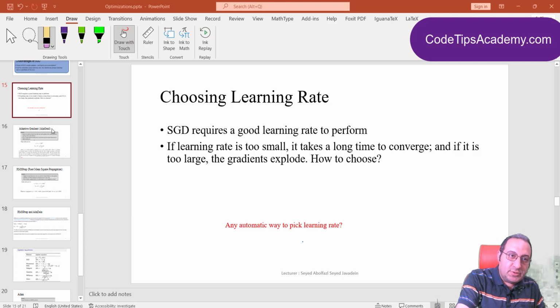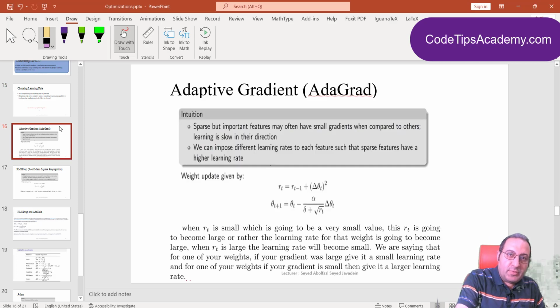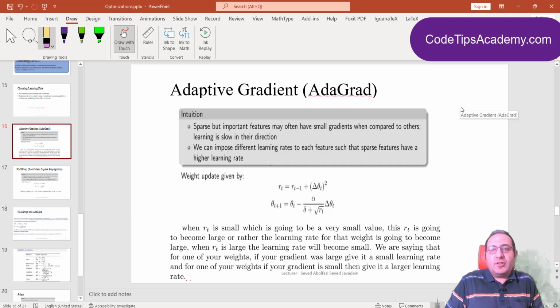We start from AdaGrad, adaptive gradient. The idea behind AdaGrad is that each weight in the neural network can have its own special learning rate.